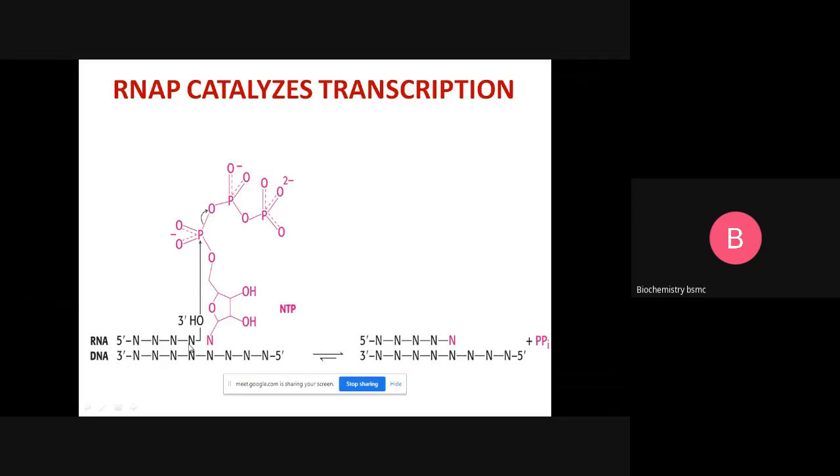Hypothetically, we have seen 3-4 nucleotides have been added, and thereafter there is one nucleotide having the 3' hydroxyl end, and a new fresh nucleotide triphosphate is recruited. How is it recruited? It is based on the Watson-Crick base pair. So this nucleotide triphosphate is recruited and it base pairs with the nucleotide on the DNA template strand in this diagram. Just base pairs. No bond formation. Next, elongation.